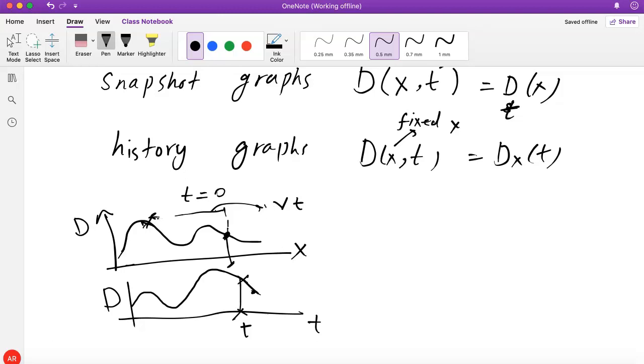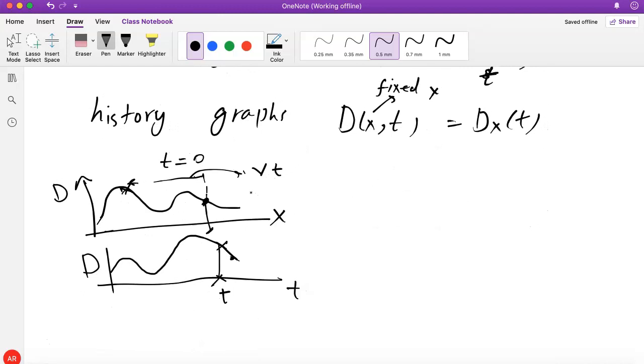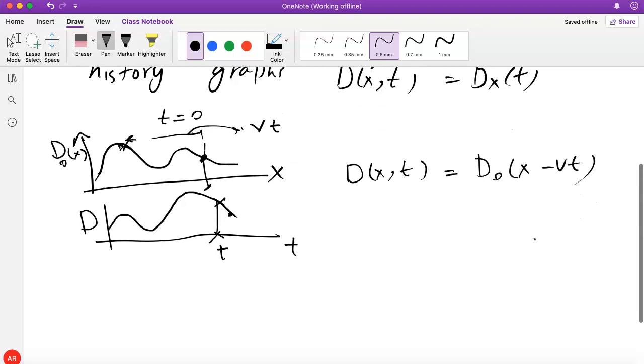So this length is v times t because this whole pattern is shifting forward with constant velocity v, and after a time t, that's the distance that it has moved. So we found that if this is, for example, d0 of x at time t equals 0, then in general d of x and t becomes d0 of x minus vt.